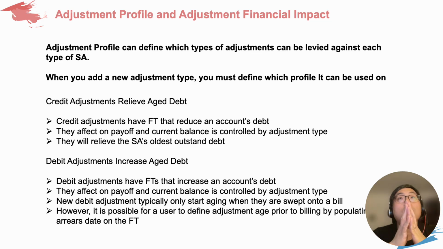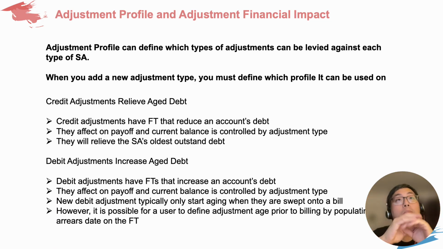I'm not going to expand a lot on adjustment profile because when you really get into defining a profile, you will see some other attributes. But the main concept is there to define the relationship. And then we look at a bit more on the financial impact.